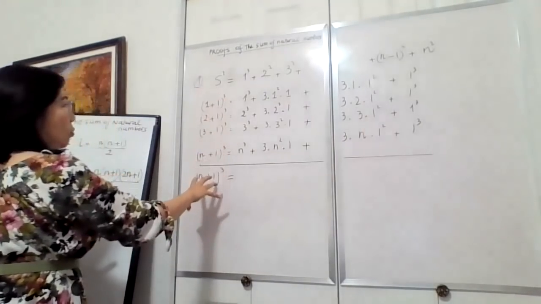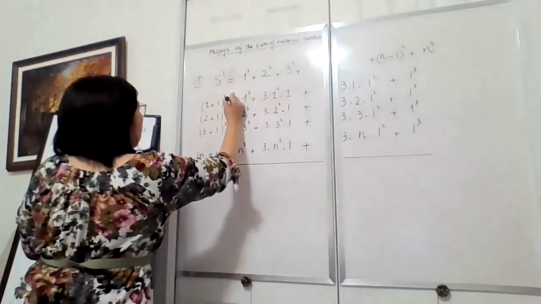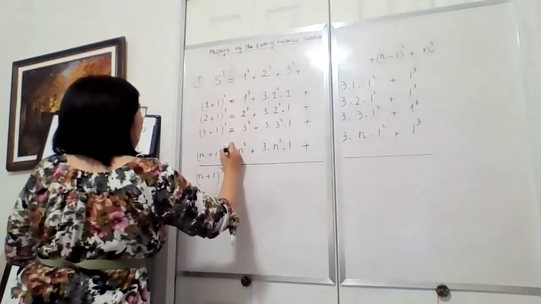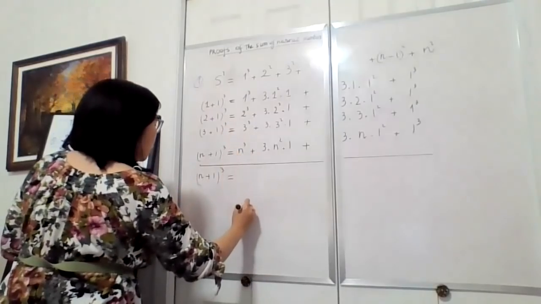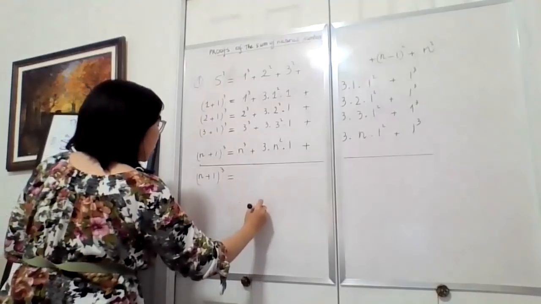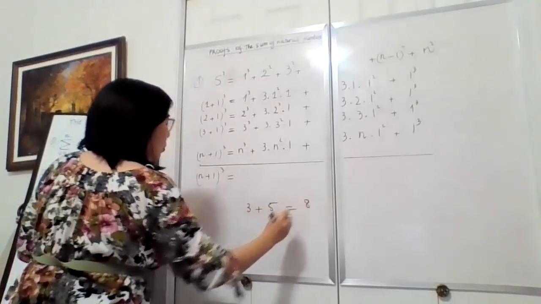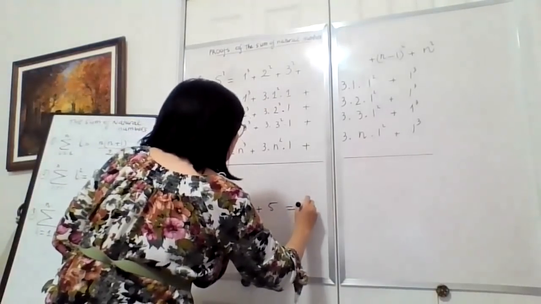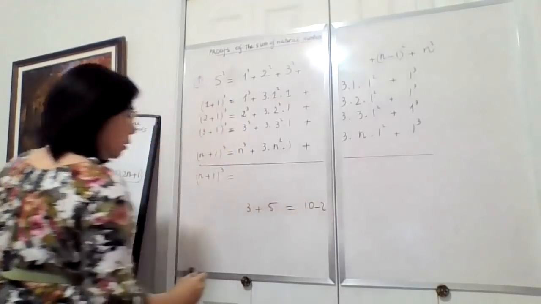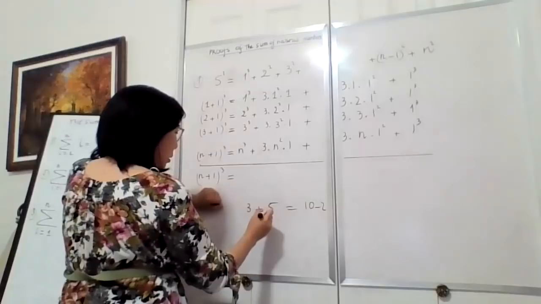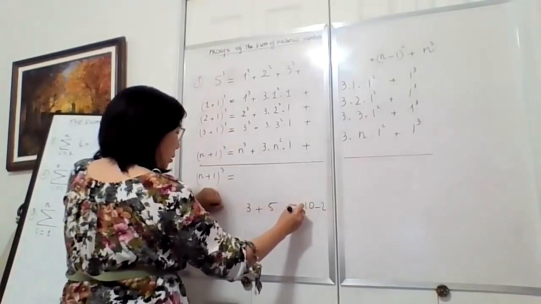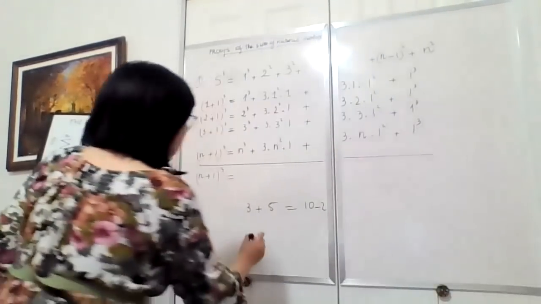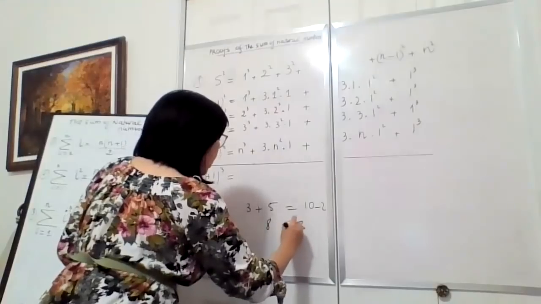This is the left-hand side of the equation. This is the right-hand side, right? Remember, if you have a number, let's say you have a number like this, equal sign. If you bring this number, okay, so this is like 8 equals 8, right?